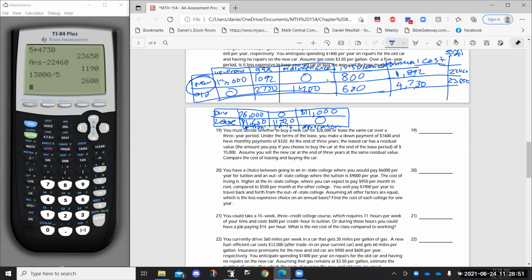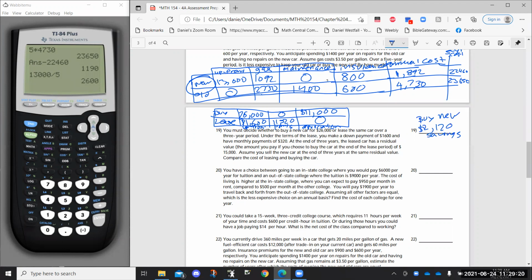So let's go ahead and compare all of that. I get to see that it's going to be better to buy new, and that I'm going to have a $2,120 savings here if I compare all these things.